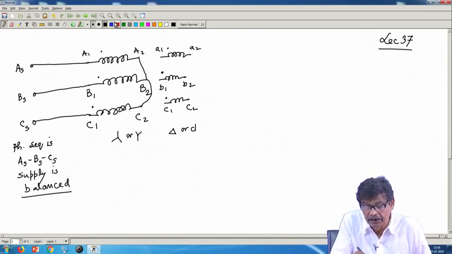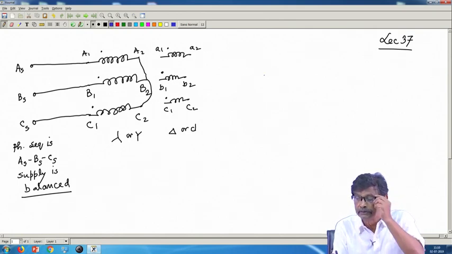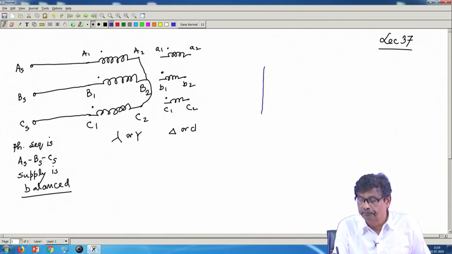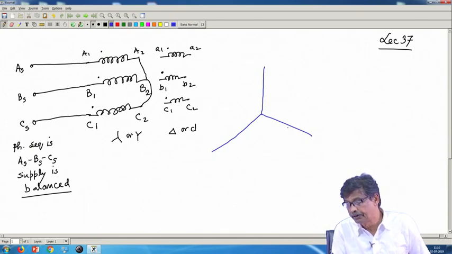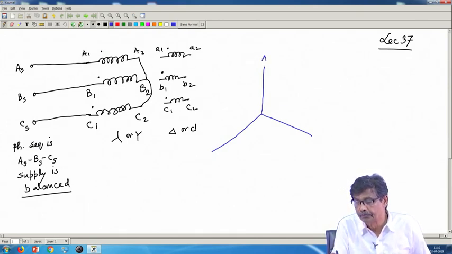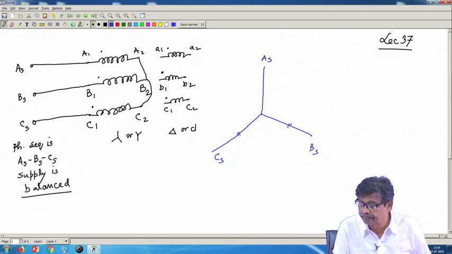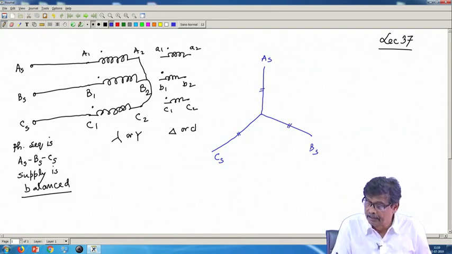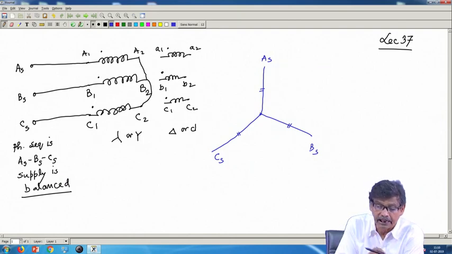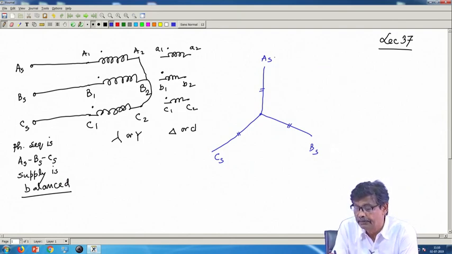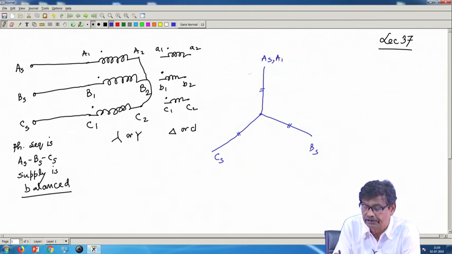So, I draw the supply voltage, like this, 120 degrees apart, equal lengths, and these are AS, BS and CS. All lengths are equal, balanced. And note that AS is connected to A1, so I will write it is also A1, this point.